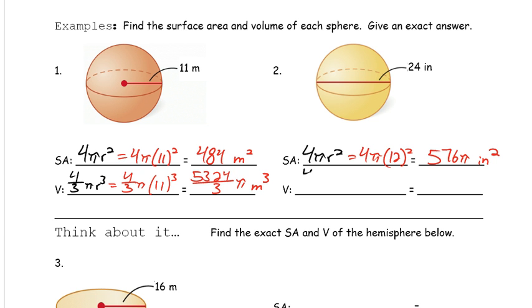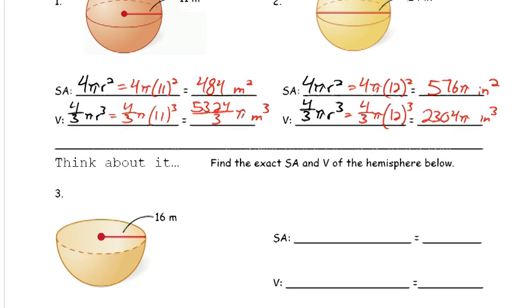Volume is 4/3 pi radius cubed. So 4/3 pi times the radius is 12 cubed. So we're going to do 12, caret symbol, 3. Times 4/3, and this one actually works out nicely to 2,304 pi inches cubed. That's how much you could fit inside the ball. Okay, so nothing too tricky there.